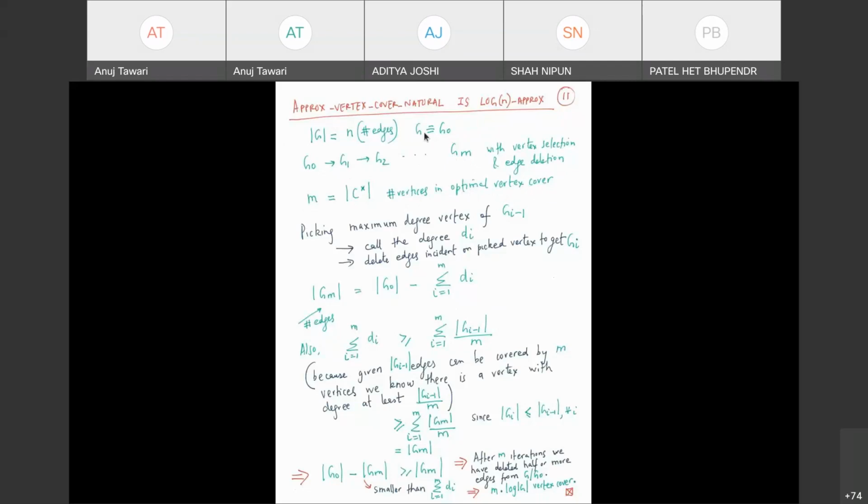So I set G_0 to be equal to G. And then I pick the maximum degree vertex in G_0 and delete all the incident edges and get this graph G_1. Similarly, I take the maximum degree vertex in G_1, delete all the incident edges and get this new graph G_2. And so on you do for m many steps. And the final graph that you will get is called G_m.